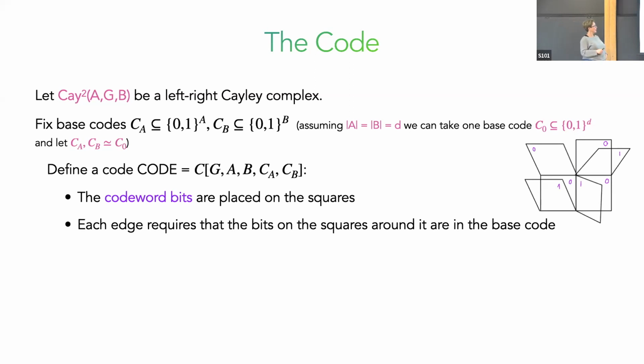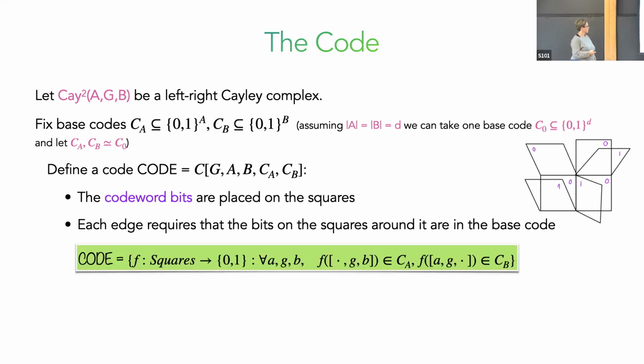And what are the constraints? Every edge looks at the book around this edge and it has a natural bijection between this book and either the set A or the set B. So it wants these bits to be in either CA or CB, depending on where we are. That's it, that's the code. So you can write it here. We have all the functions from squares to 0, 1.